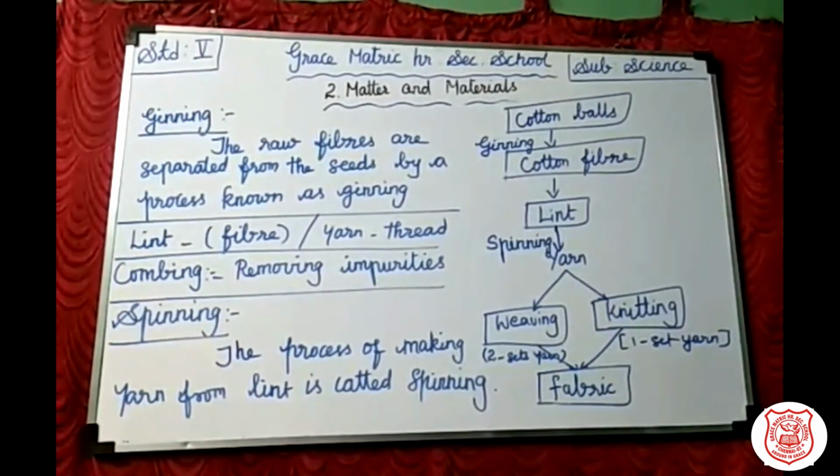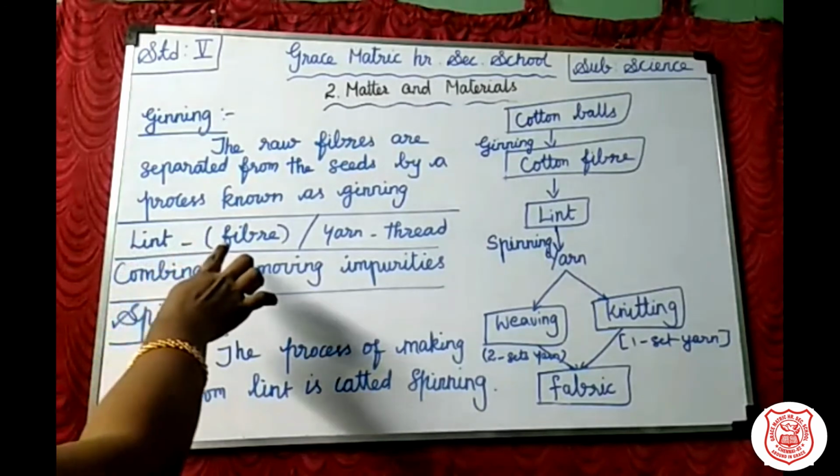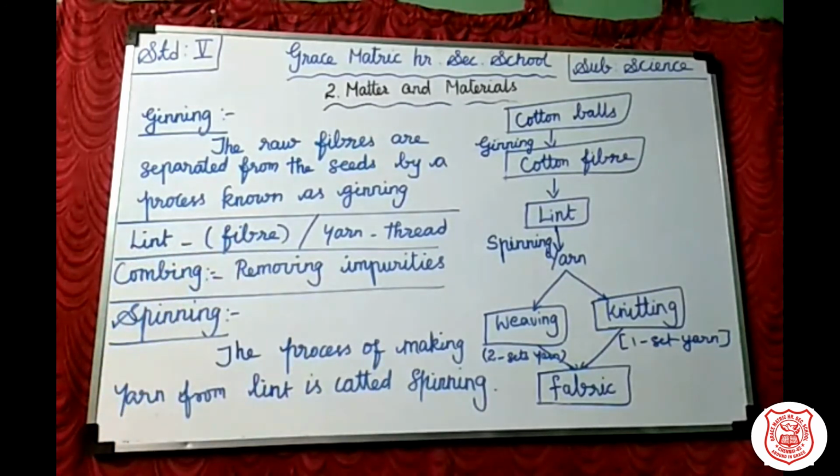After the ginning process, the fibrous material left over after separating the cotton seeds is called lint. Already I told you lint is nothing but fiber. After the ginning process we get lint. The lint is then tied and pressed into bales.